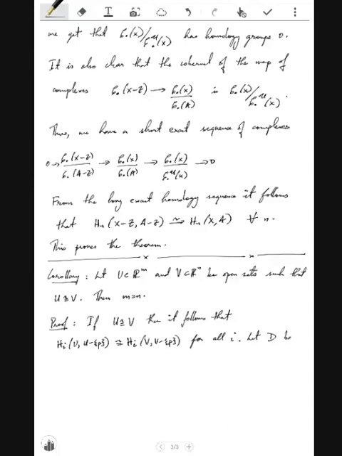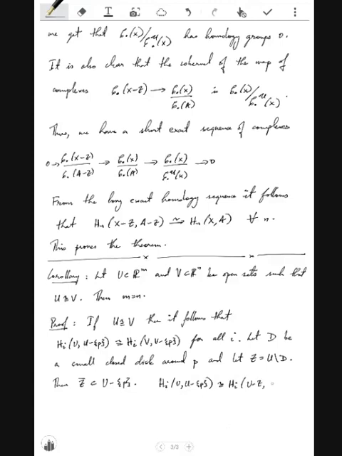So let D be a small closed disk around P, and let Z be equal to U minus D. Then Z bar is contained in U minus P. And by the excision theorem, we have H_i(U, U minus P) is isomorphic to H_i(U minus Z, U minus P minus Z).